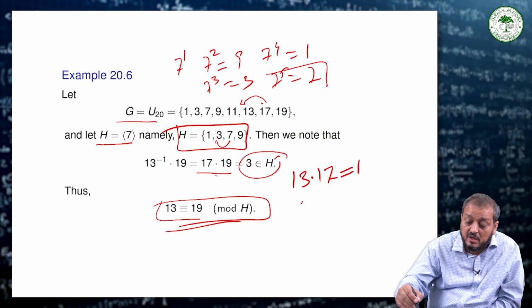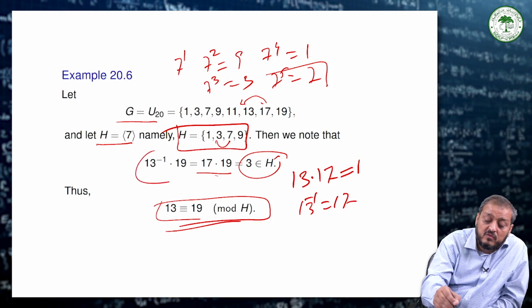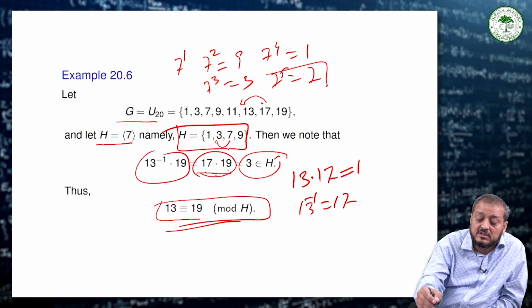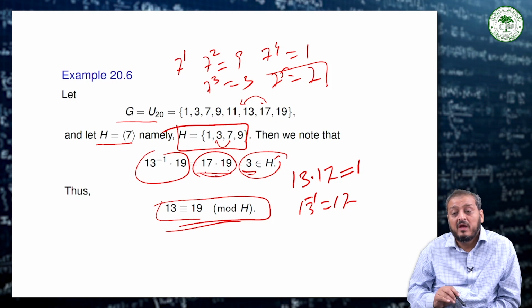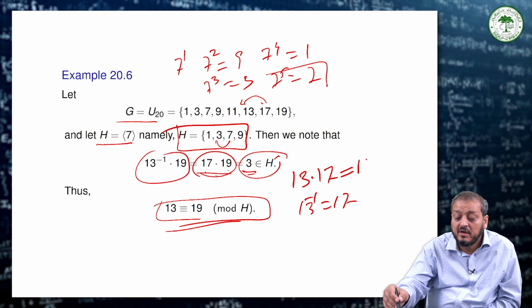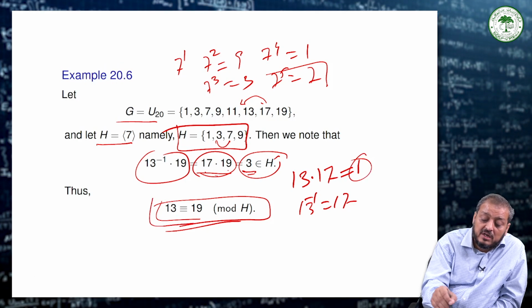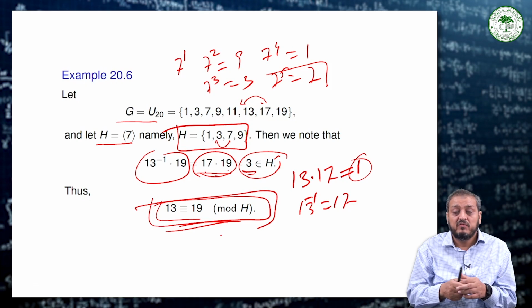So the inverse of 13 is equal to 17. So 13 inverse times 19 is 17 times 19, and dividing by 20 the remainder is 3. If you multiply 13 and 17, the remainder is 1. So 13 is congruent to 19 mod H. This is the way we can define it.